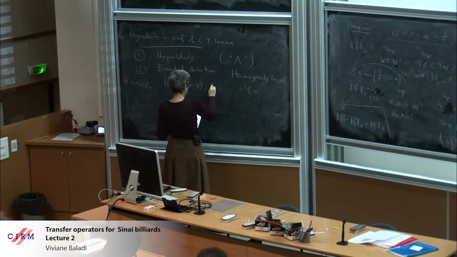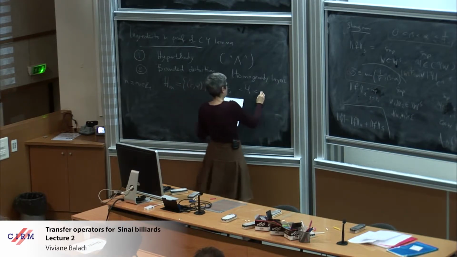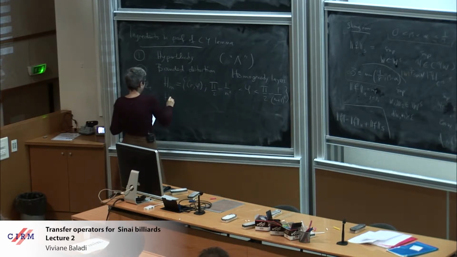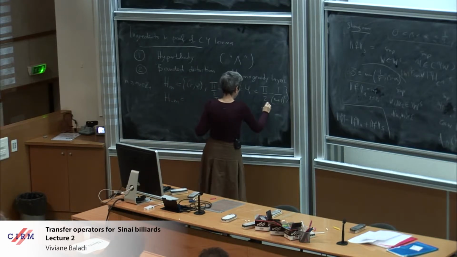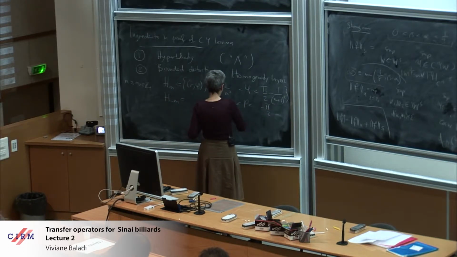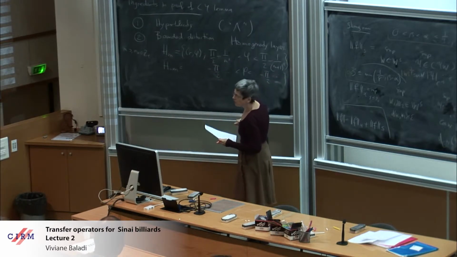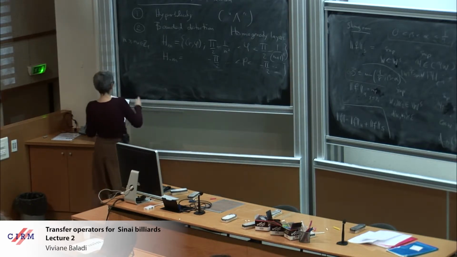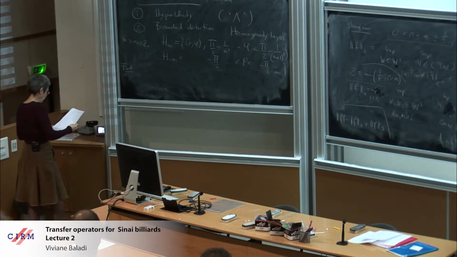If m is positive, pi over 2 minus 1 over m plus 1 squared. And for negative m, you have a similar definition that you can fill in the details for yourself. So that's just a definition, right? And what is bounded distortion? There's a fact. You can find the proof, for example, in the book of Chernov and Markarian.